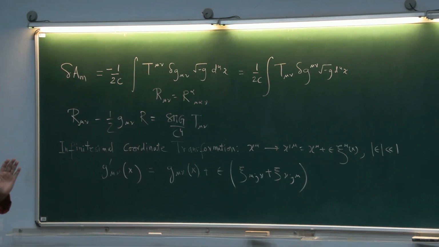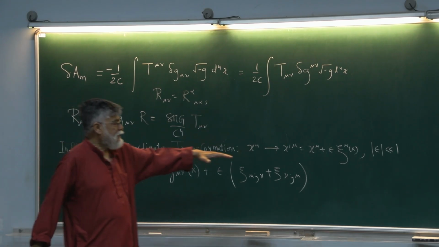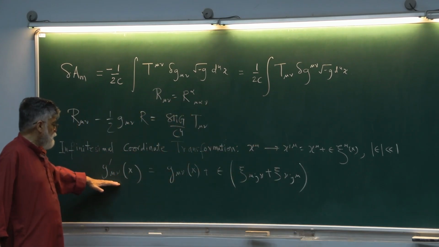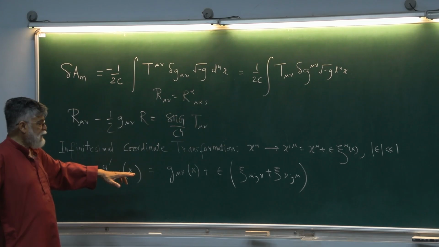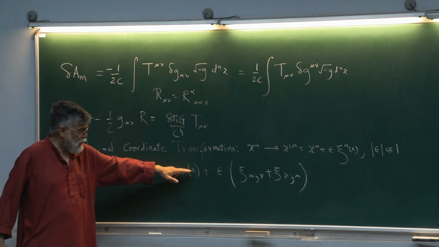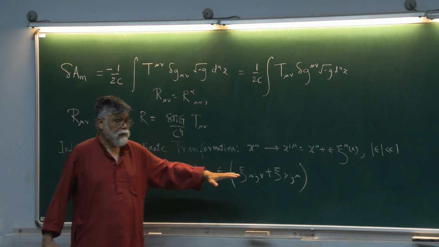So in general, xi mu is an arbitrary vector field, for any arbitrary vector field that is, of course, differentiable. You find that under this infinitesimal coordinate transformation, your new metric as a function of the variable x is equal to the old metric as a function of the variable x plus this term.